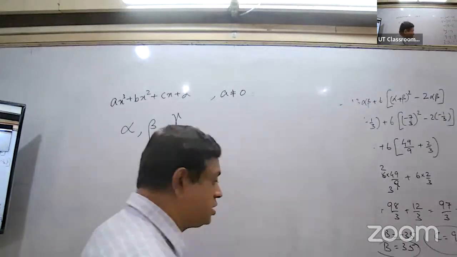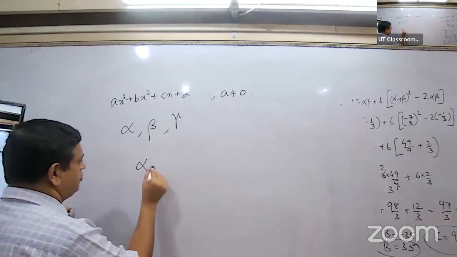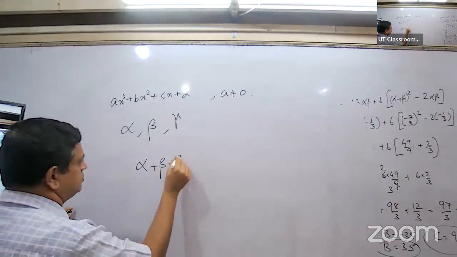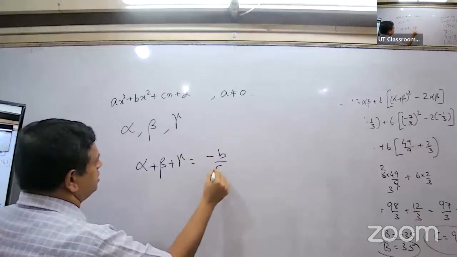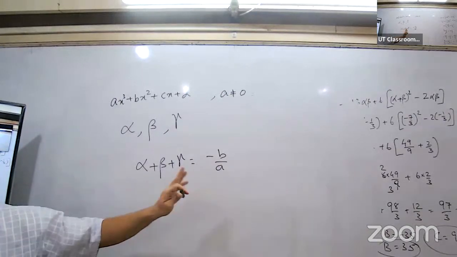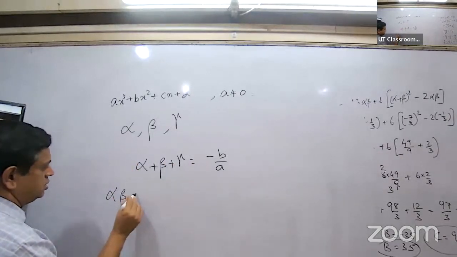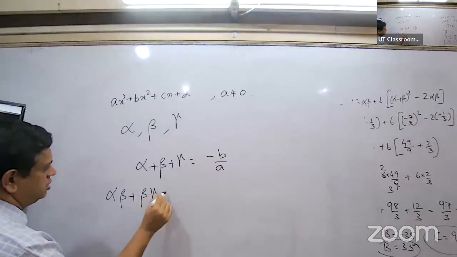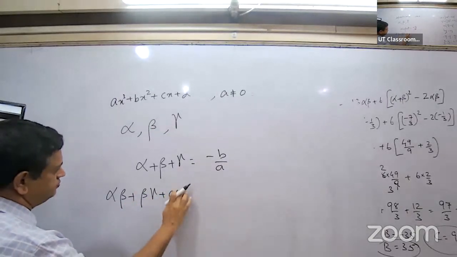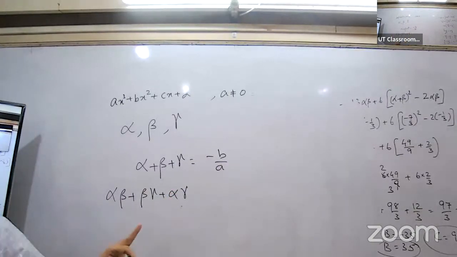Now we are going to study the relations. First one: alpha plus beta plus gamma is equal to minus b by a. In the quadratic polynomial we studied the same thing. The next one is different: alpha beta plus beta gamma plus alpha gamma. Products are taken two at a time and added.